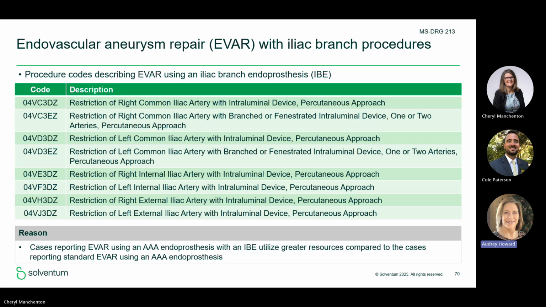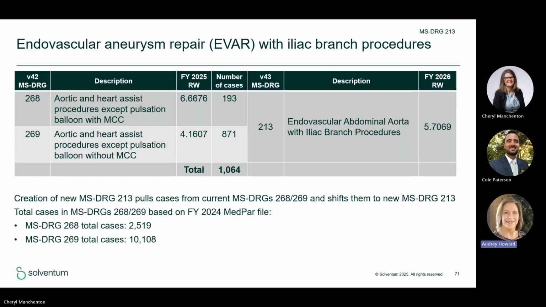On the next slide, you'll see where they are moving the cases around from. So they're taking those procedures out of 268 and 269, and you can see the volume there. So just over 1,000 cases are being taken out of 268 and 269 and moving them into the new DRG of 213.